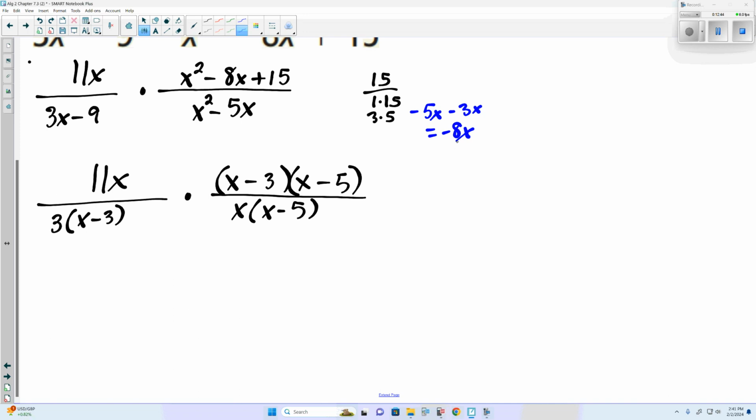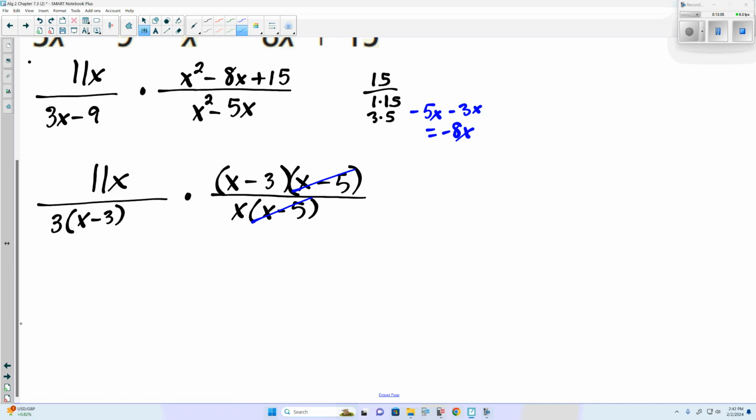Questions on this here? Well, in our second set of parentheses, we already have an x minus 5 over x minus 5, yes? There's nothing that says that we can't simplify at this point. We can simplify it now, or we can multiply it together and simplify it then. Either way.